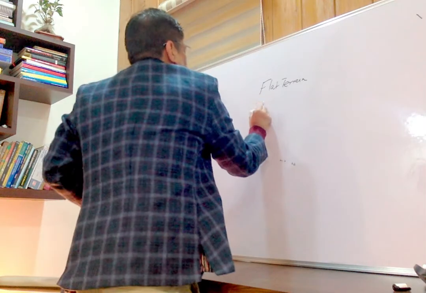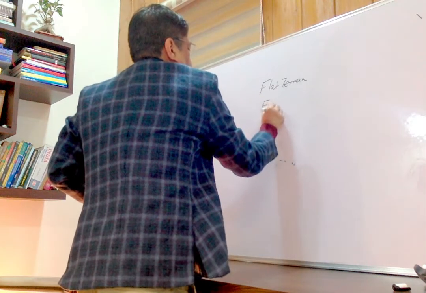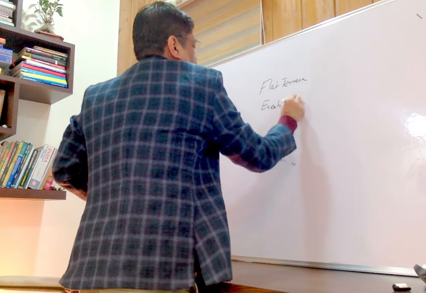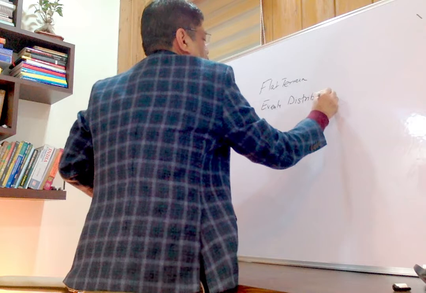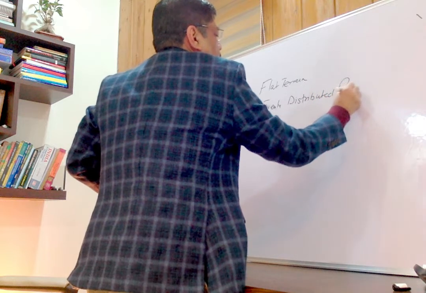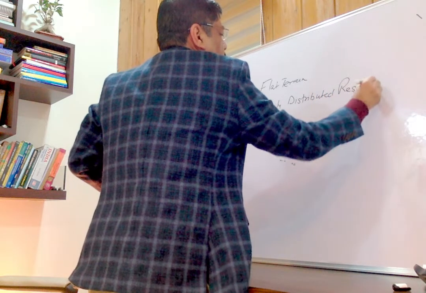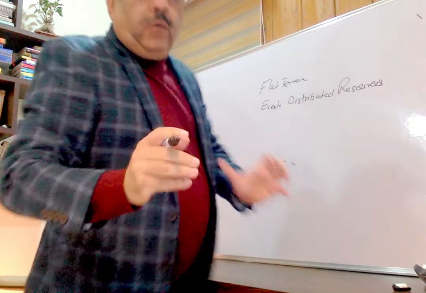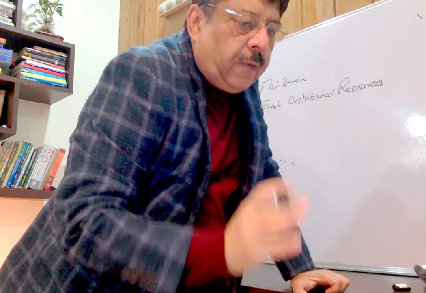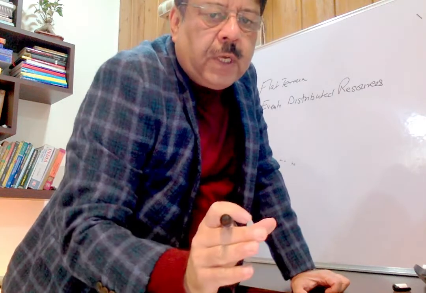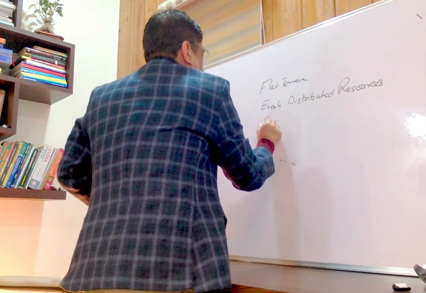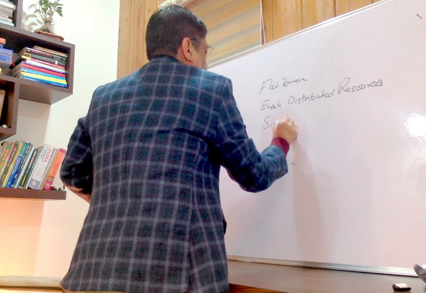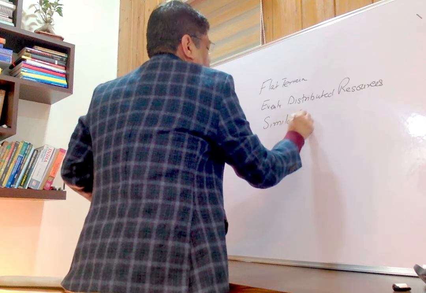Evenly distributed resources. Uniformity of transport cost. But similar purchasing power of people.